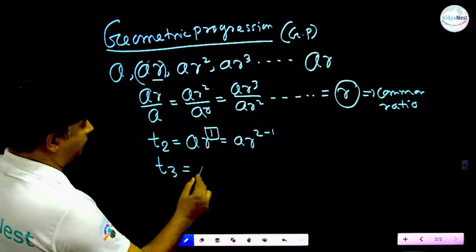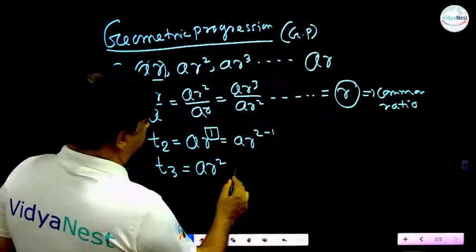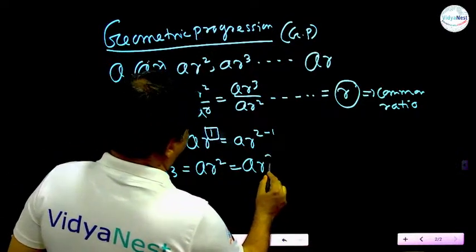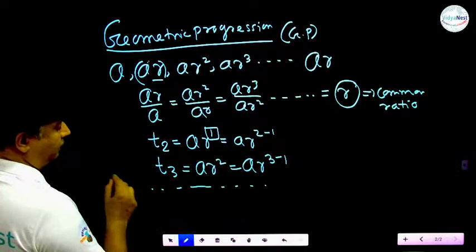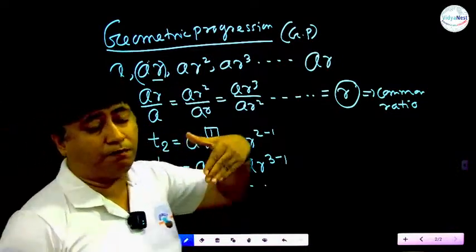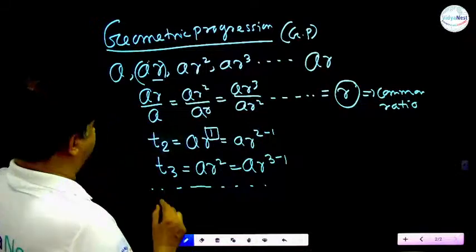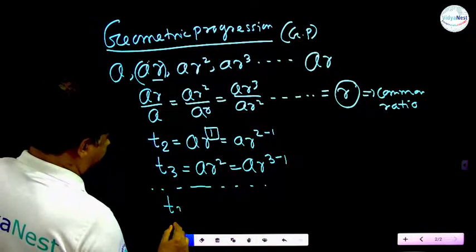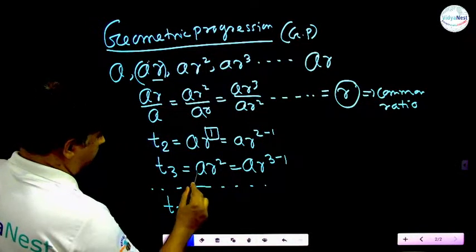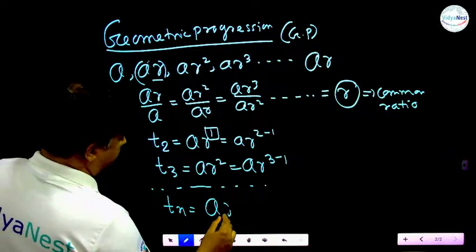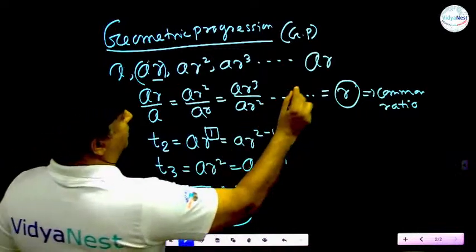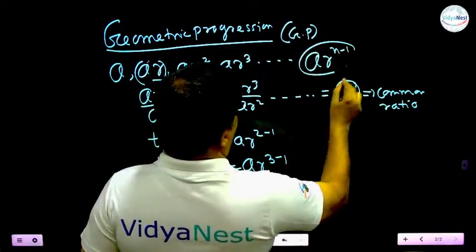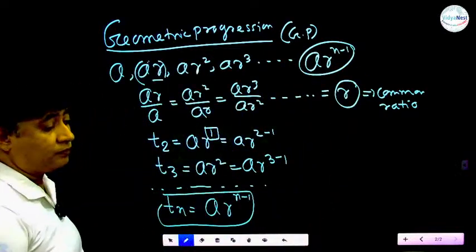T3 is ar square, 3 minus 1. So keep on increasing the exponent of the power. Once you do, you will get the nth term in the series.